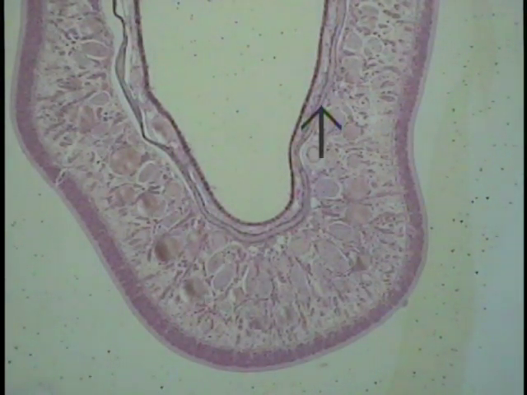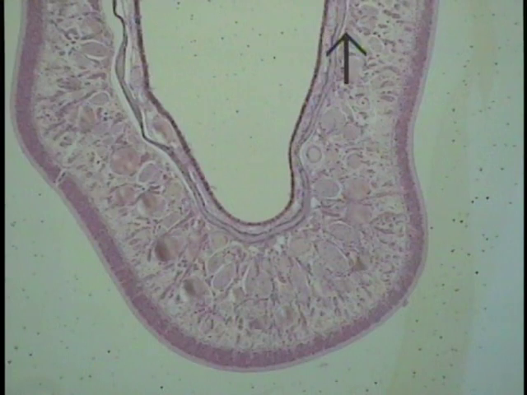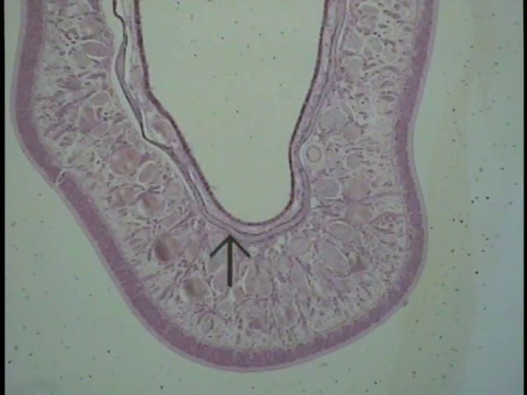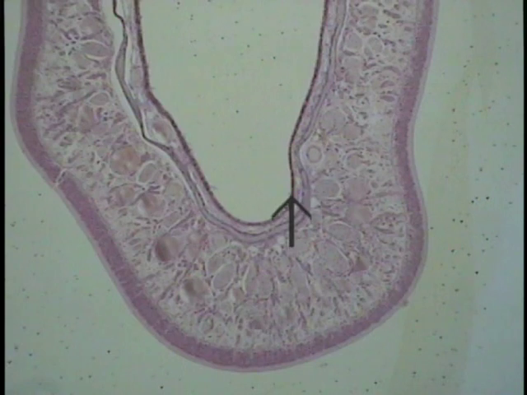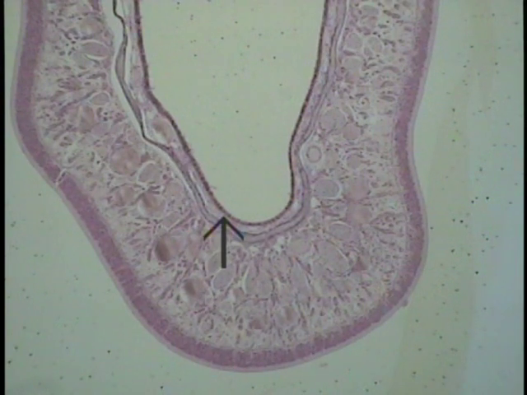Even with this scanning objective, one can see the supporting structure of bone lying at the tip of the arrow. Now, the interior undersurface of this particular structure is going to be lined by a typical respiratory type of epithelium, that is a ciliated pseudostratified columnar with goblet cells, though it will be much thinner than observed within the trachea.